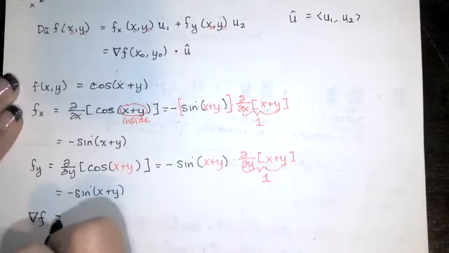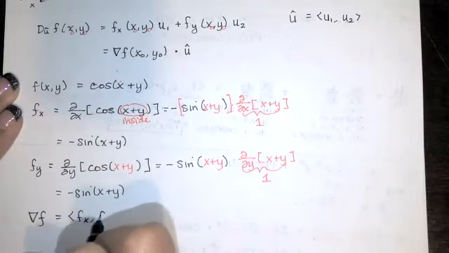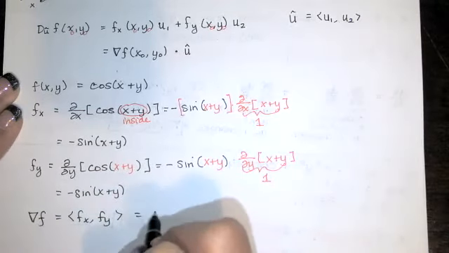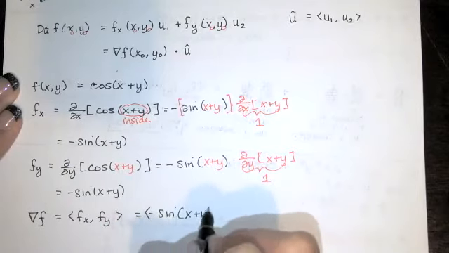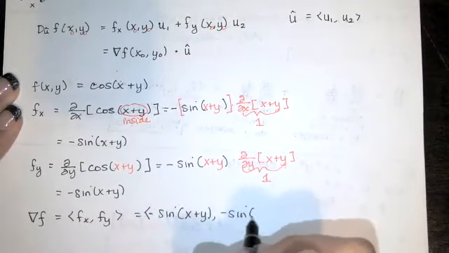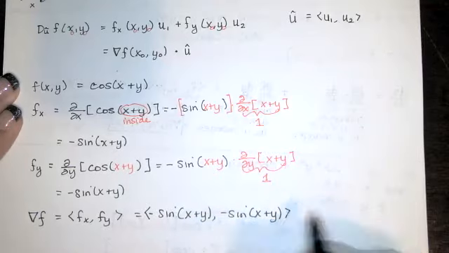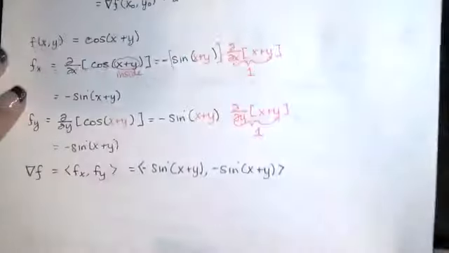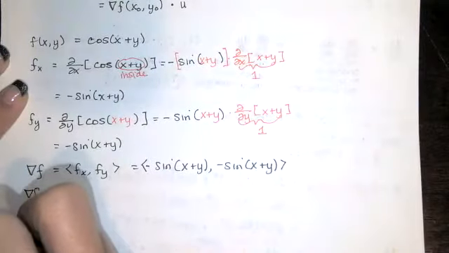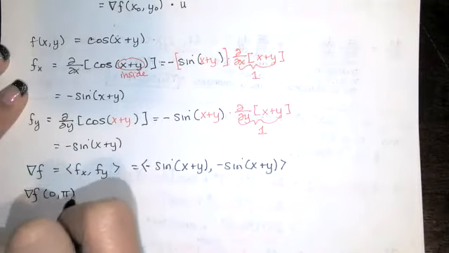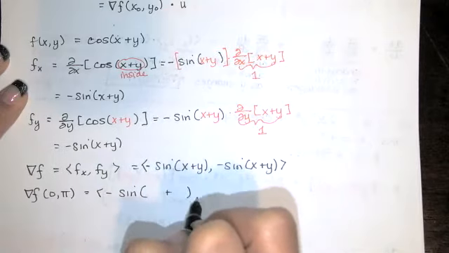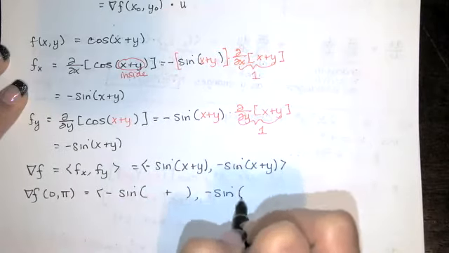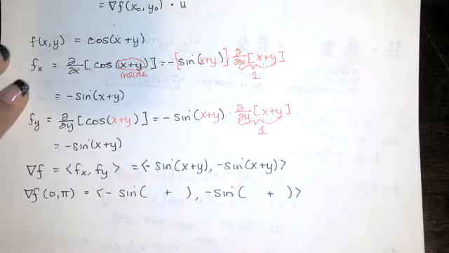So our gradient vector is this vector, and we will evaluate this at 0, pi. You want to replace your x with a 0, replace your y with pi, and of course simplify.